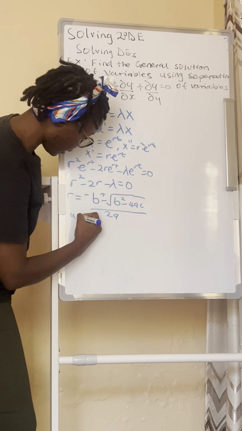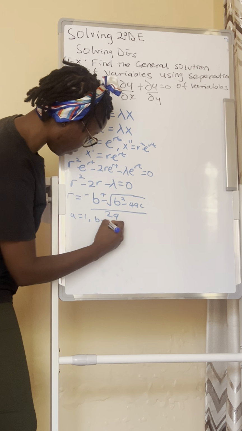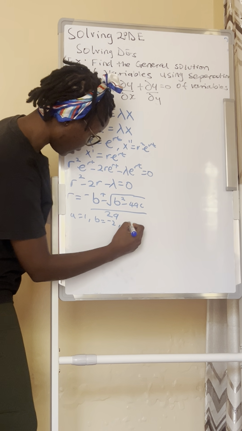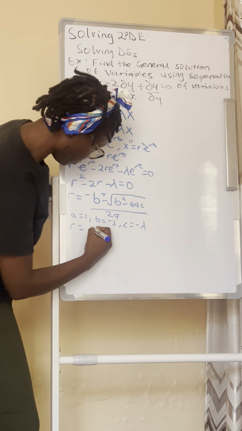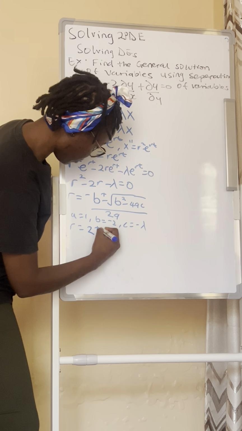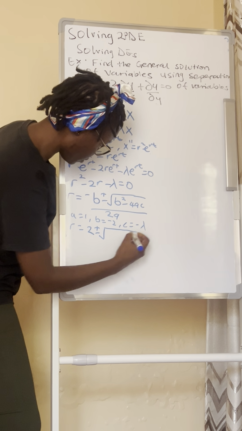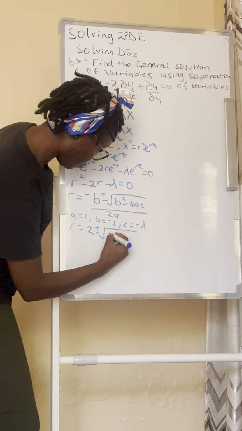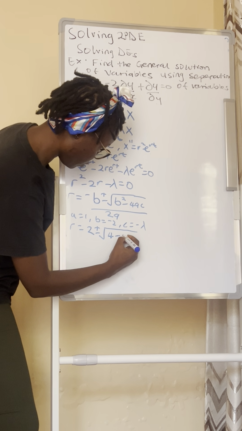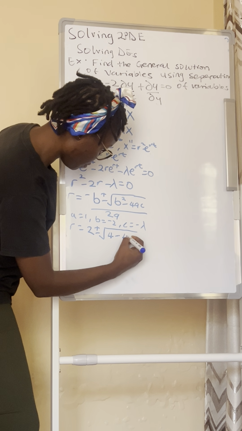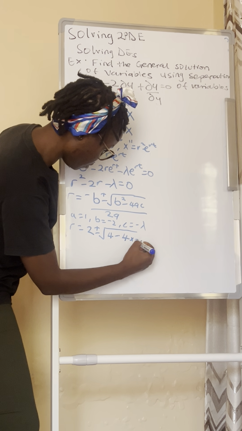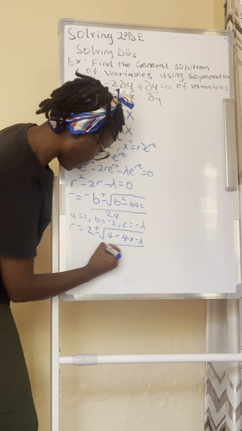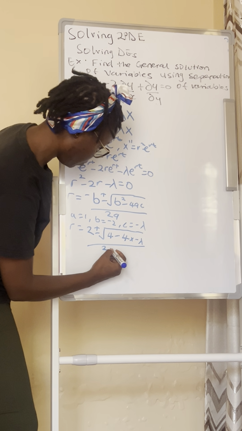In this case, our a is 1, our b is negative 2, our c is negative lambda. So our r is equal to 2 plus or minus the square root of 4 minus 4 times negative lambda, over 2.